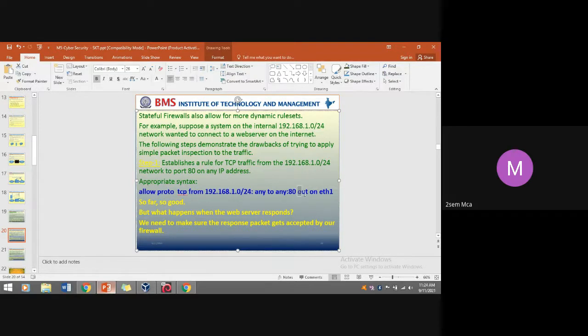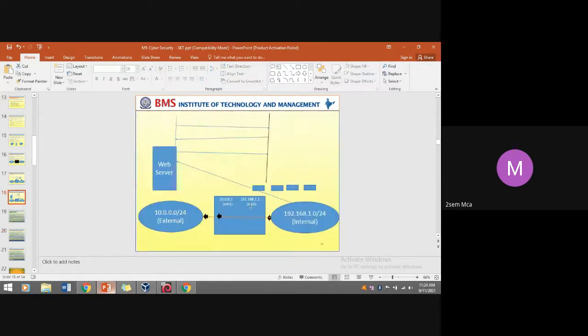Out is outgoing traffic on Ethernet 1. Here, Ethernet 1 outgoing traffic goes to port 80 of any computer which has port 80 and has a web server. This traffic is going to be forwarded by that firewall.